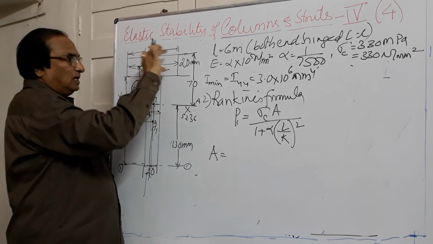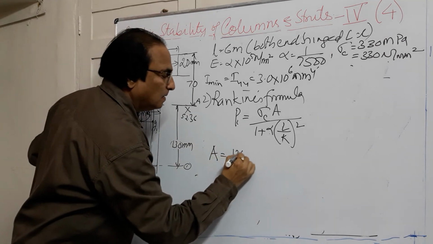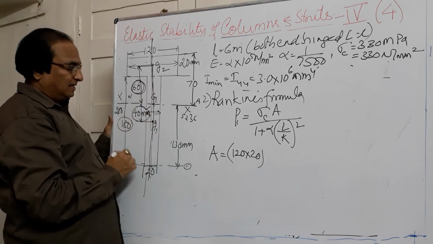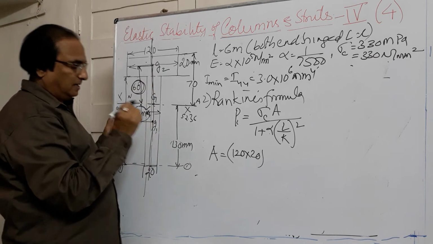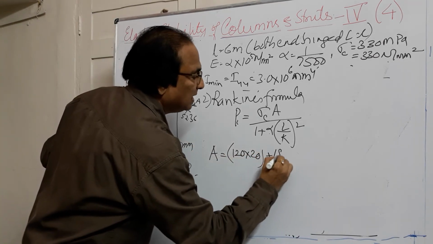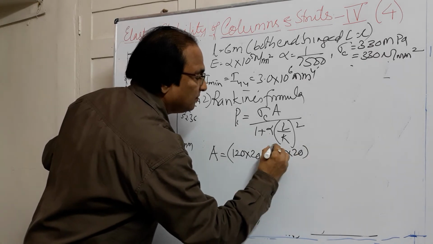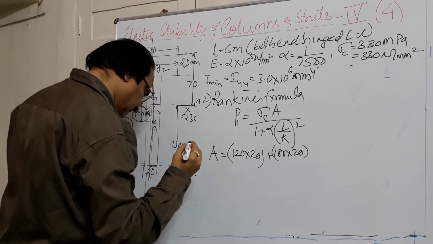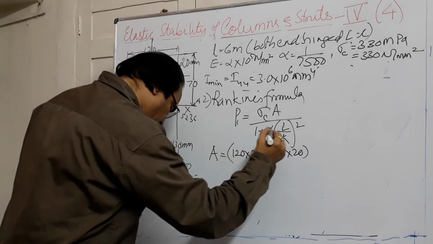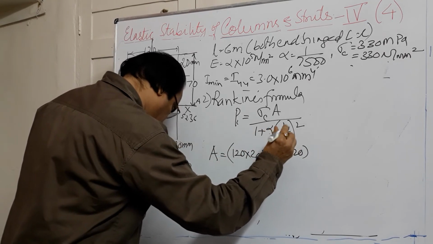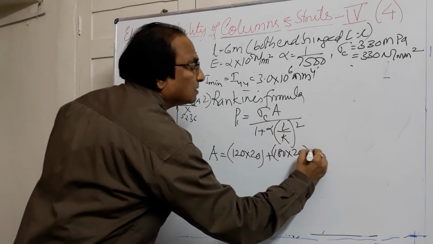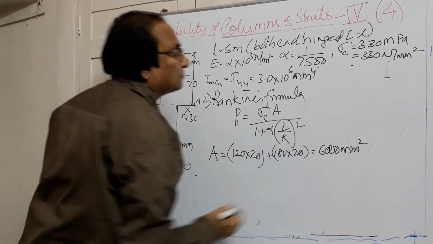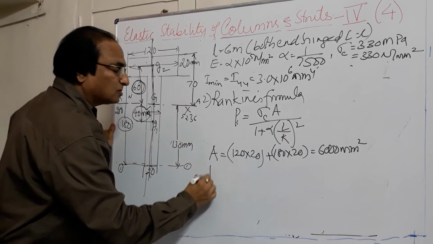One is the web 120 by 20 and the other is the flanges, 180 by 20 plus 180 by 20. If you simplify this, you get the area of the section as 6000 mm square.